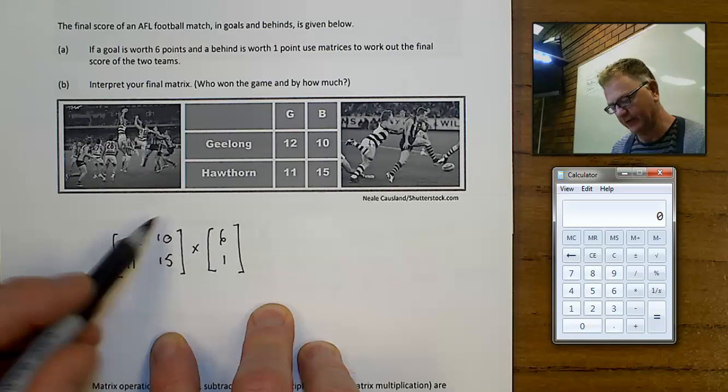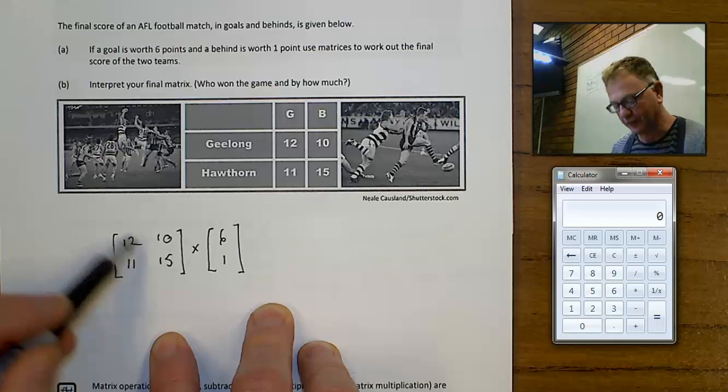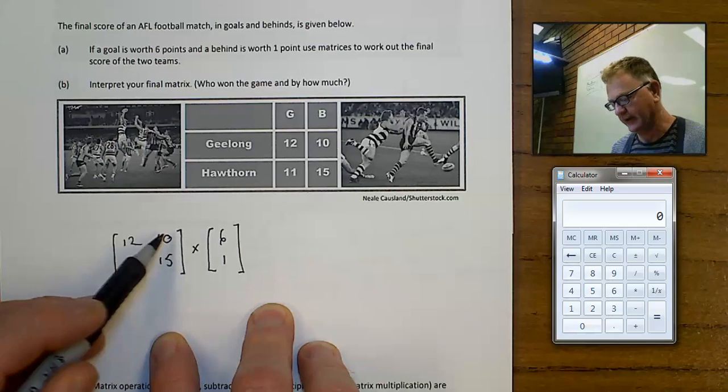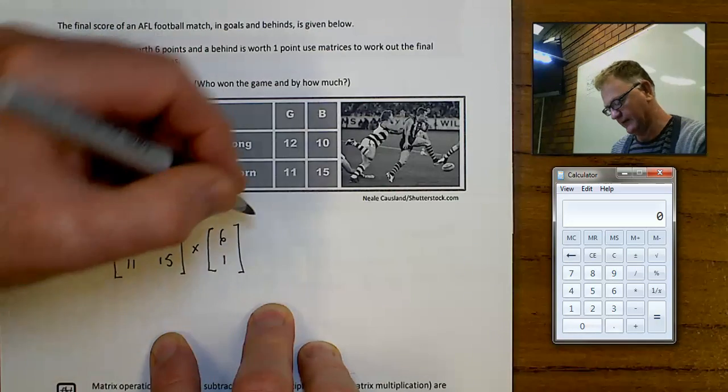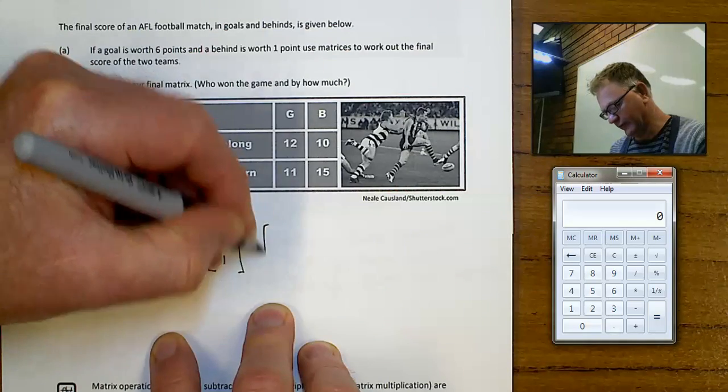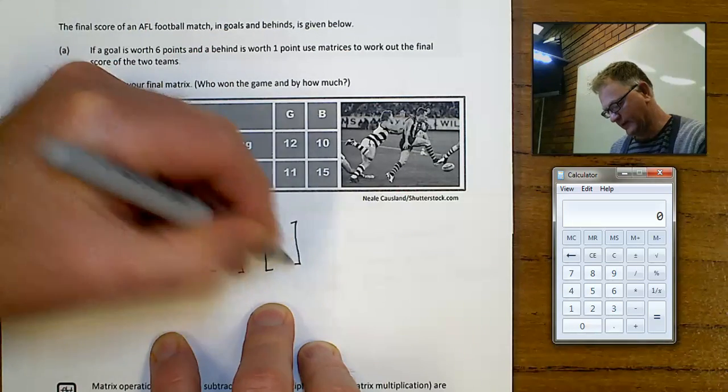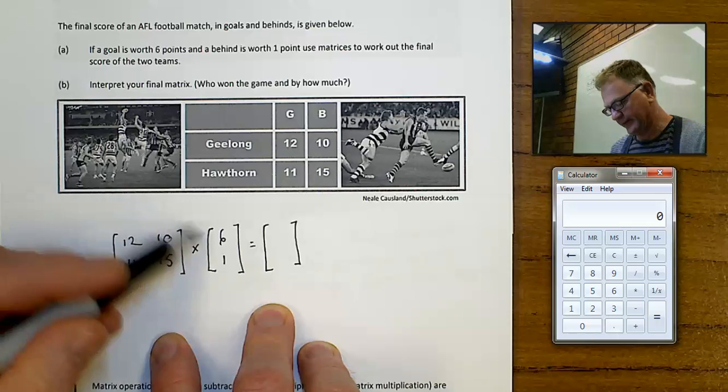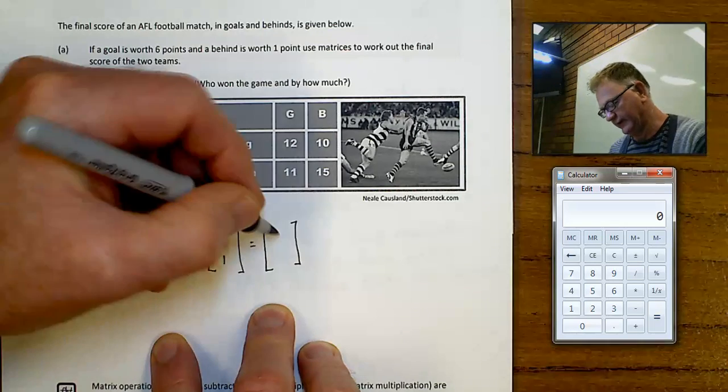So it's 12 by 6 plus 10 by 1, which equals 82.